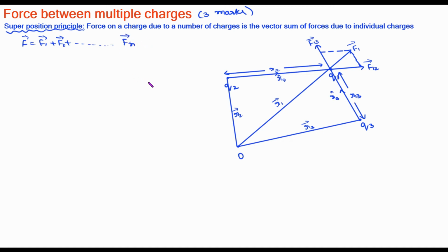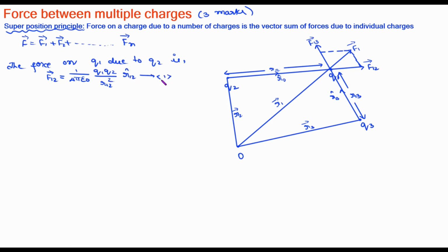Now we will write force due to 2 charges. The force on Q1 due to Q2 is F12. Already we have learnt how to write Coulomb's law in vector form. So F12 is equal to 1 divided by 4 pi epsilon naught Q1 Q2 divided by R12 square R12 cap. This is equation 1.